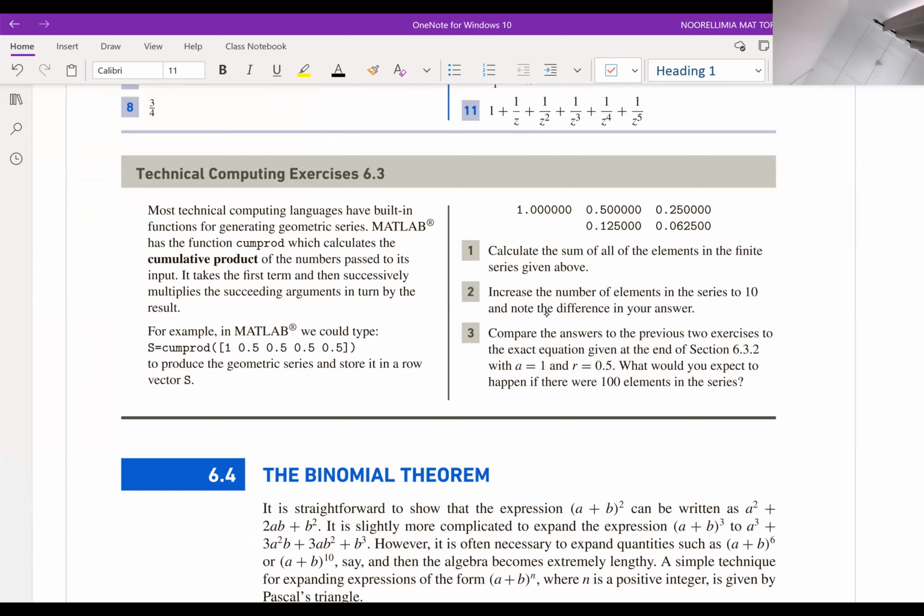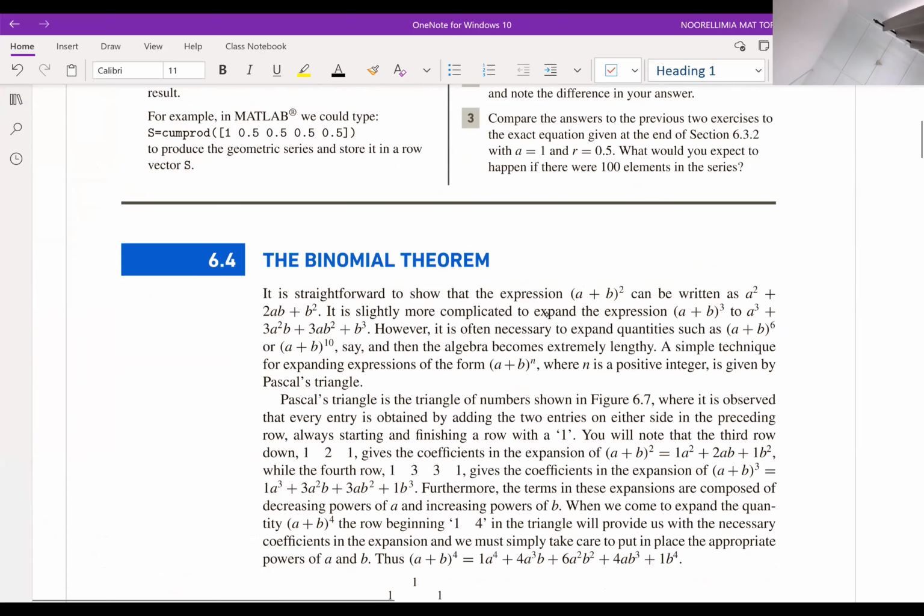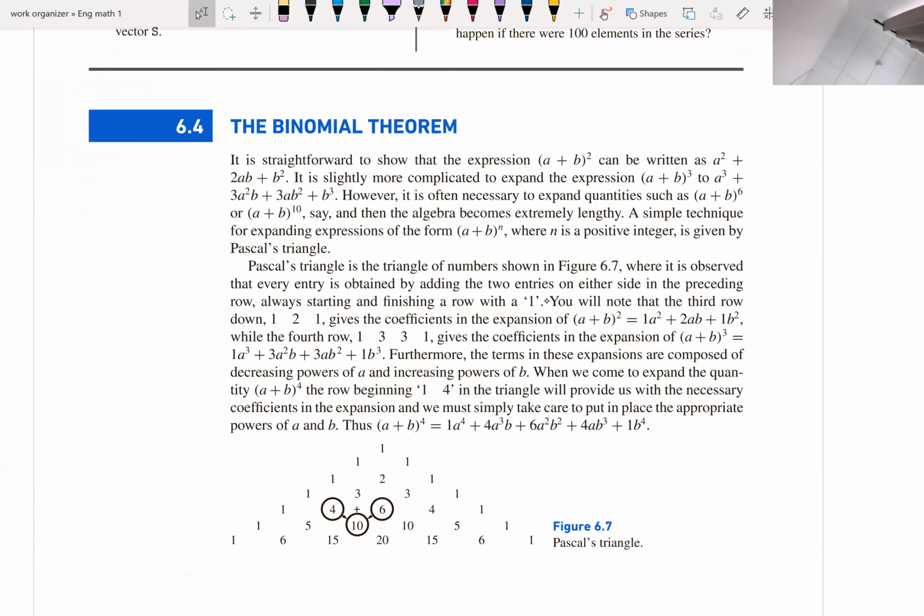What is binomial theorem? It is about something to deal with equations.